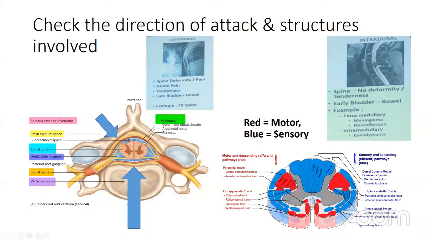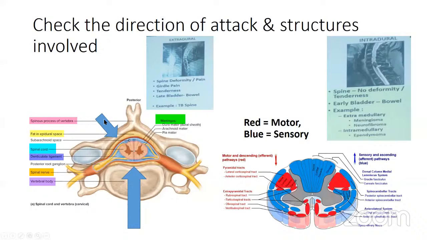Whereas a neoplastic condition comes from the back or from the lateral side. Why? Because the posterior element of the vertebra is highly vascular, and in most cases the secondary metastases require a rich blood supply, and they come from the back.